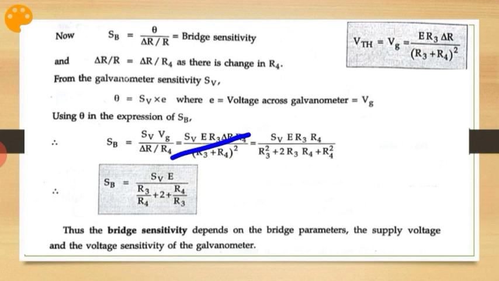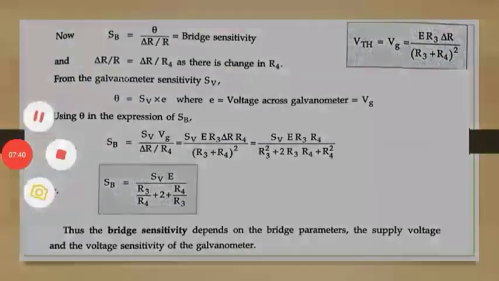The next step is SV E R3 into R4 divided by these terms. Otherwise, I will solve this equation here.